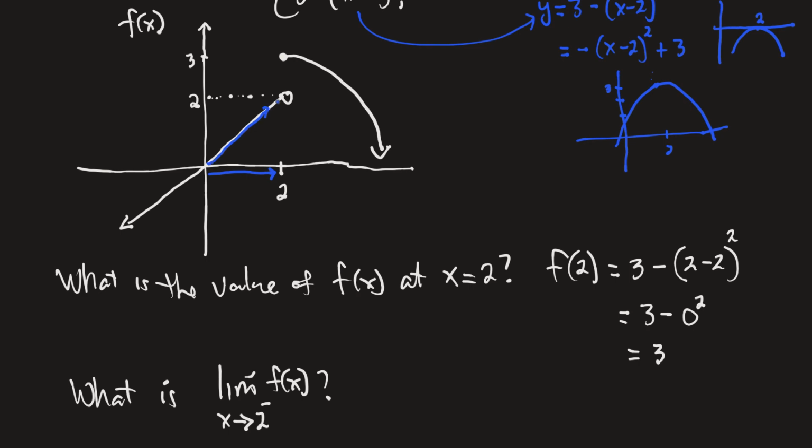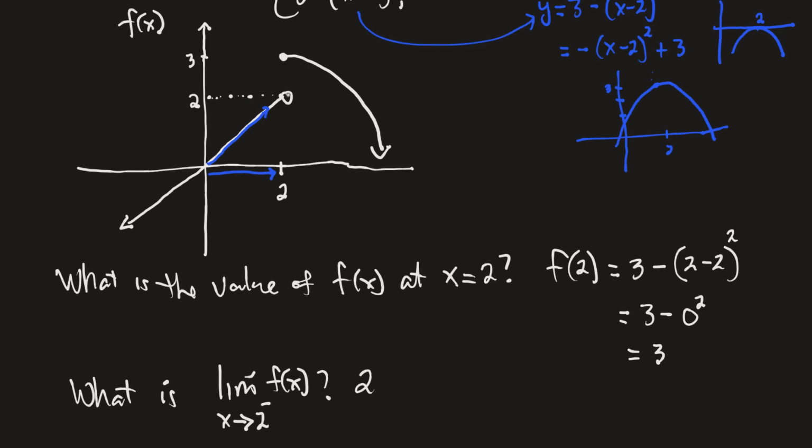I guess you could say from below, right? But the idea is, as x goes this way, y goes this way. So what is the y value, right? So the limit from the left in this case would be, or is, 2, right? And this is an important thing because we're not looking at where the open circle is.